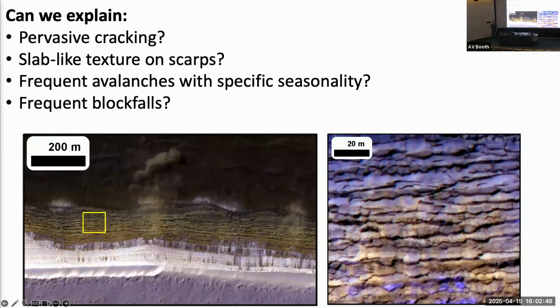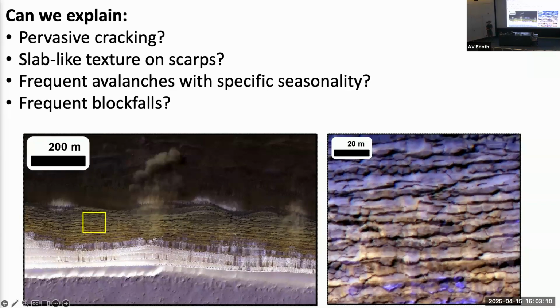Okay, so the challenge then is to try and explain what's going on on these scarps. We've got this weird slab-like texture here. This is a blow up of the yellow box on the right, showing all these slabs of material which are clearly falling off, because before and after images show changes on the scarps, and there's new debris at the bottom.